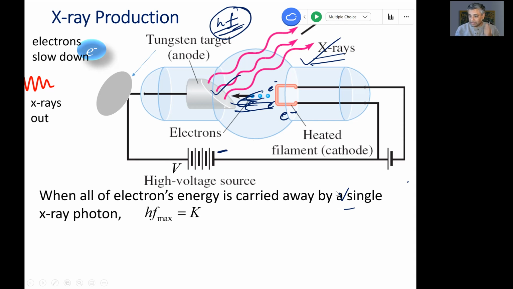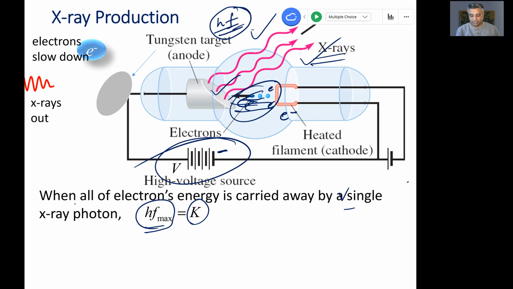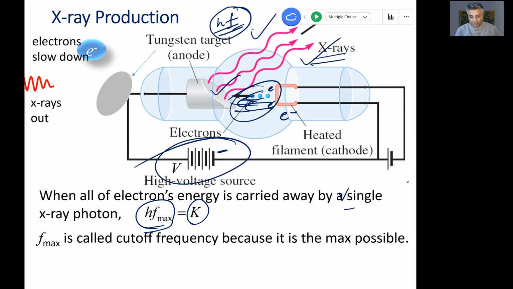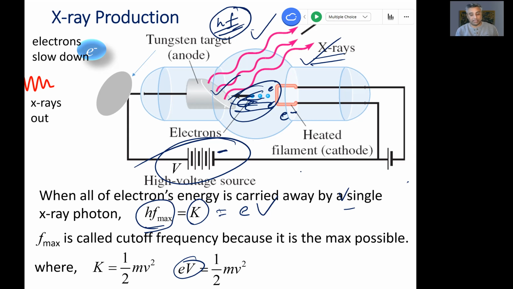And we can write that equation something like this. The maximum energy of the X-ray photon that comes out depends on the kinetic energy, and that kinetic energy depends on the potential difference here, okay? So you can directly write that as something like this here.